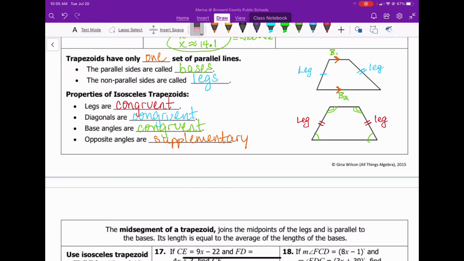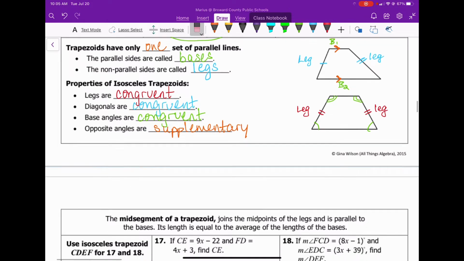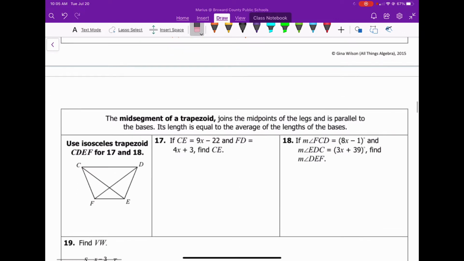Let's go down here and take a look at some of these problems. We have a note here. It says the mid segment of a trapezoid joins the midpoints of the legs and is parallel to the bases. Its length is equal to the average of the lengths of the bases.